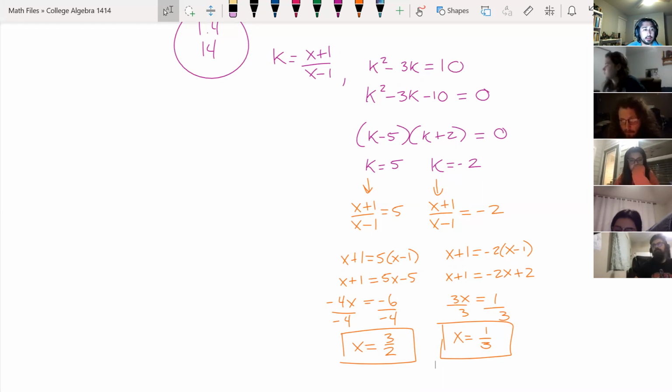And then Ethan, 16 on 1.4. Oop, where'd it go? 16 on 1.4. Oh man, it's just like 15 or 14.